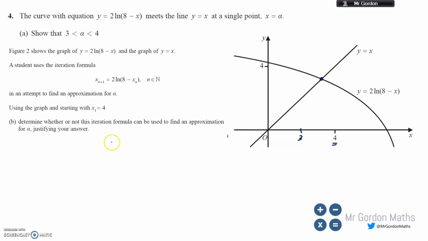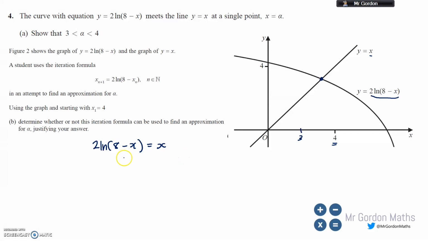So let's do the first one. We've got y equals x and y equals 2 ln(8 minus x). We've got to set these two parts equal to each other, because y equals y. So I've got 2 ln(8 minus x) equals x.